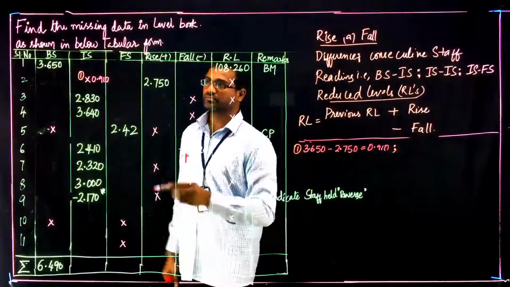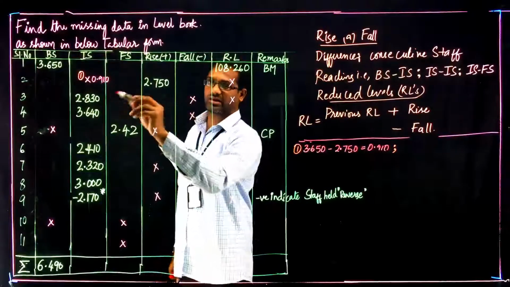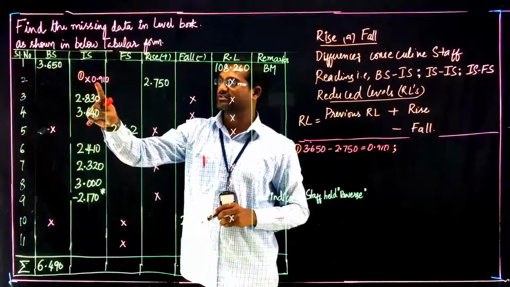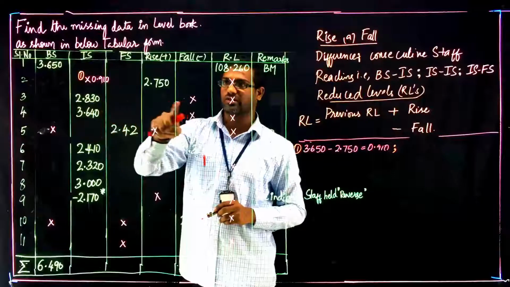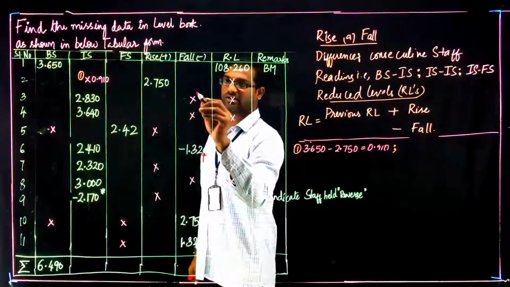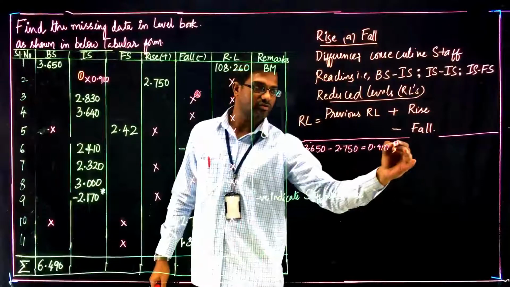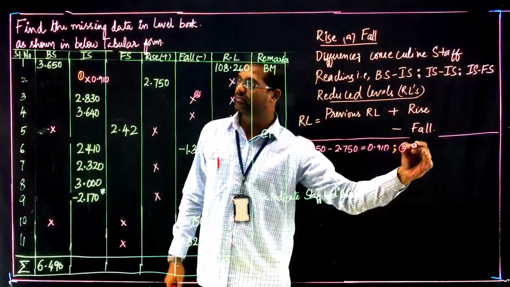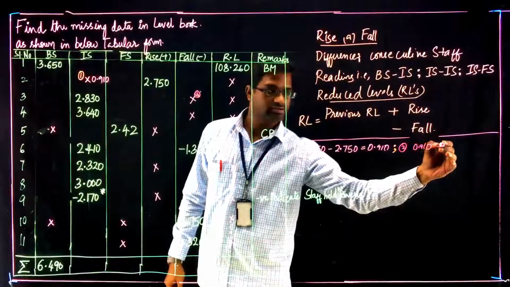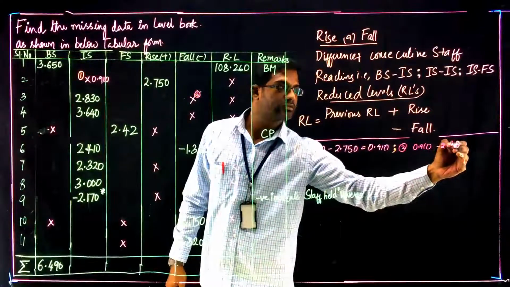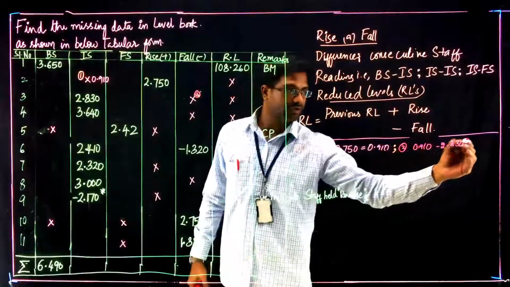Now, if you want to calculate the rise or fall, the consecutive difference is 0.910 minus 2.830, which gives you this value. Let me take this as 2. So 2 is given by 0.910 minus 2.830, which gives a value of 1.930.